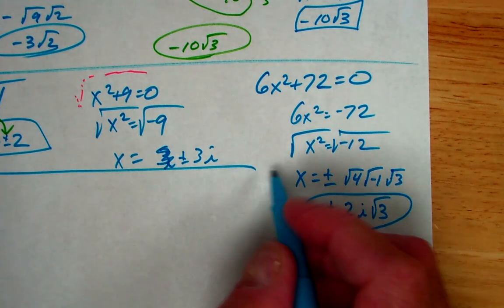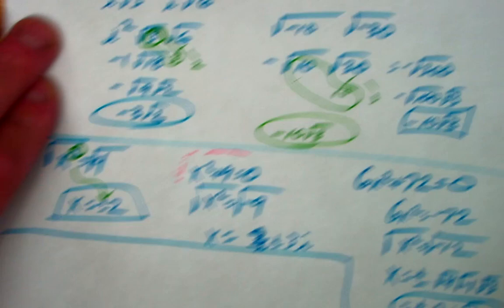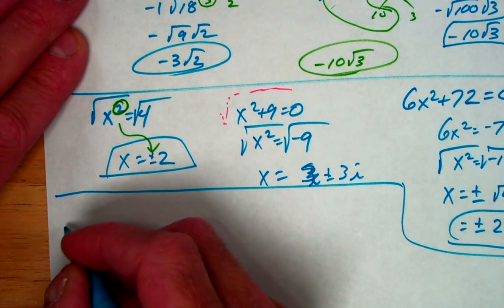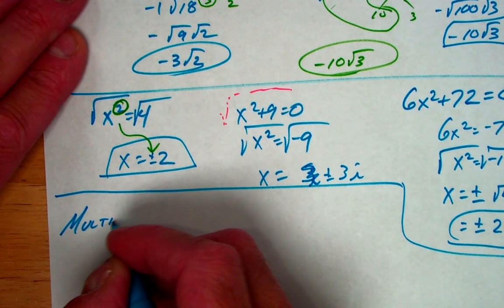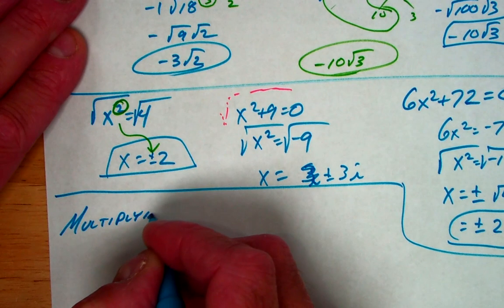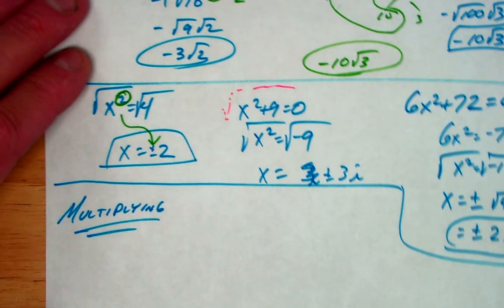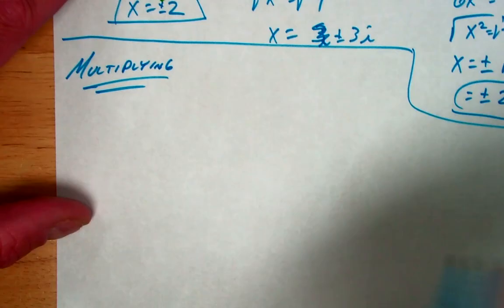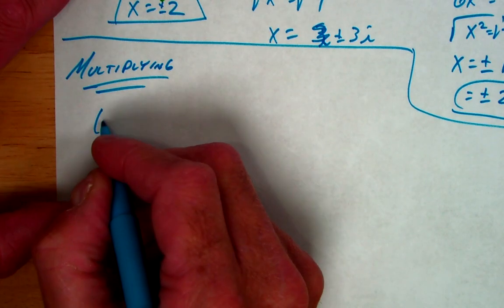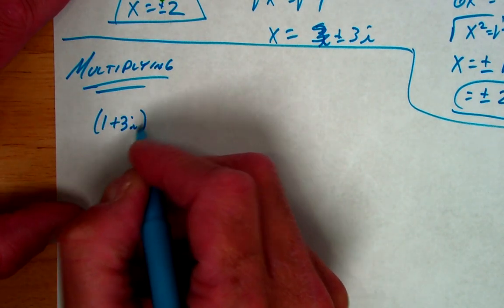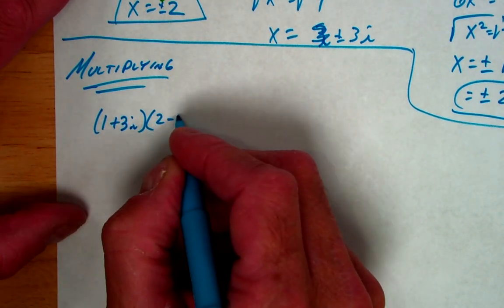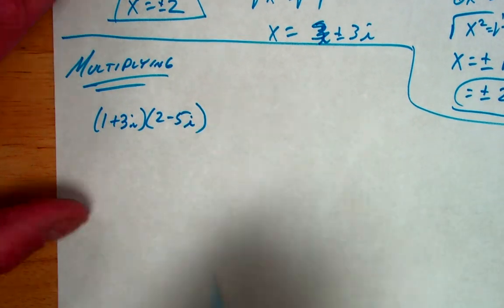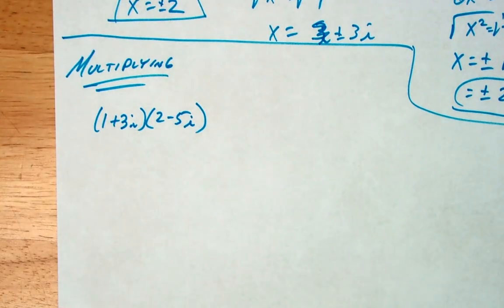Okay. Here we go. This next part, I think you find really easy. Multiplying. Multiply 1 plus 3i times 2 minus 5i. Ooh, that kind of looks familiar, doesn't it? What are you tempted to do?